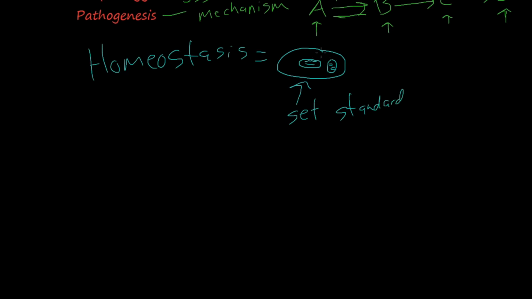Its job is to perform a specific function, and if you apply a stress to a cell, whether it be chemical, physical, any kind of stress that will put pressure or push this cell to do one thing or another, homeostasis is the set standard of the function to take care of the stress and then return to its normal functioning.